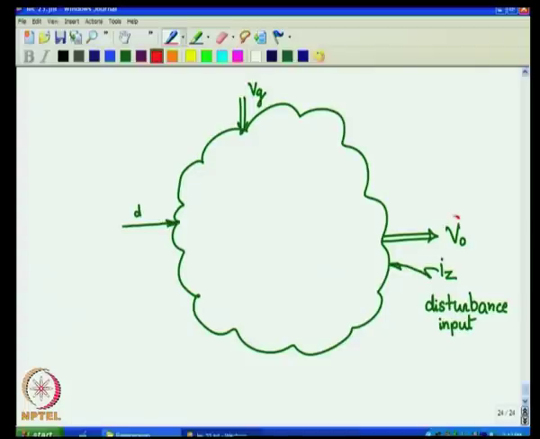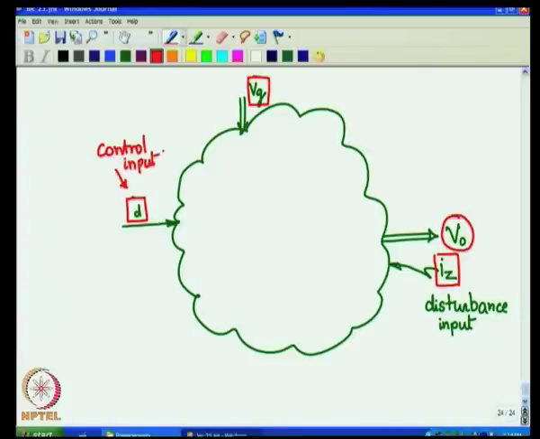So, you have, let us say, one output and 3 inputs. And of which D is the control input. This is called the control input.